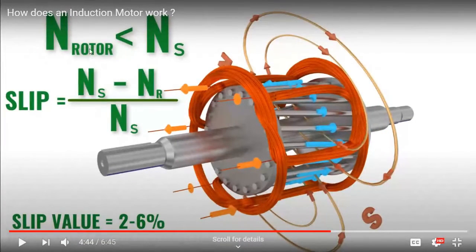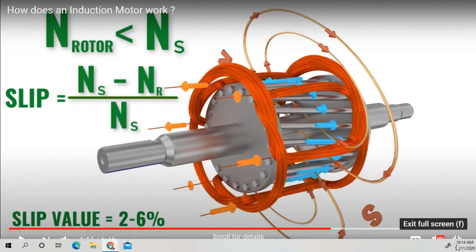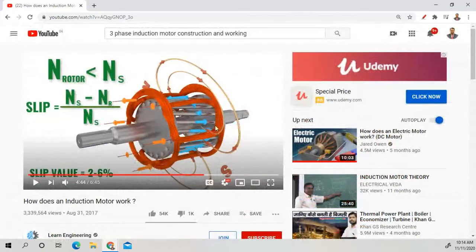Here the rotor speed is less than ns, okay. So as you can see, the slip is going to be calculated. We will explain all these expressions in detail when we discuss the derivation part for this three-phase induction motor. Right now you understand how this three-phase induction motor is working, okay.